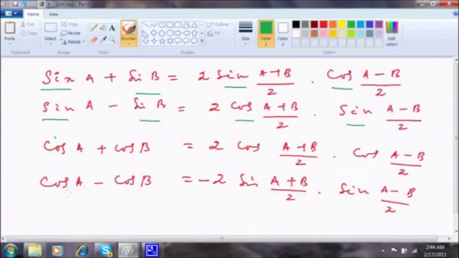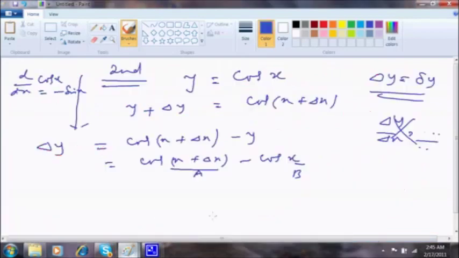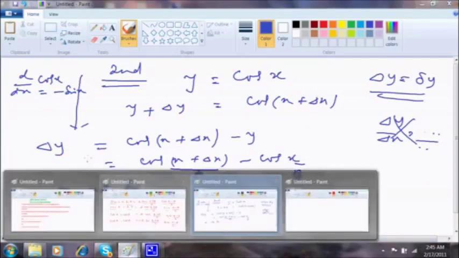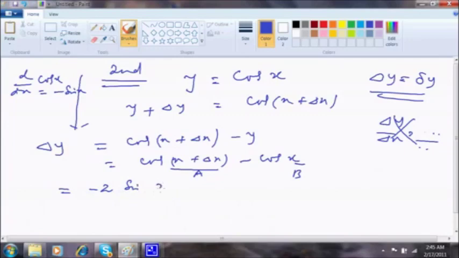You should remember these four formulae. Cos a minus cos b is minus 2 sin (a plus b) by 2 into sin (a minus b) by 2. So here I go. This is minus 2 sin of (x plus delta x plus x) by 2 into sin of (a minus b) by 2.